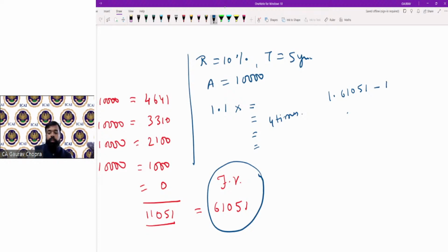Then subtract 1, so it is 0.61051. Now multiply with 10,000, and then also with the rate that is 10%, what you are getting, 61051.